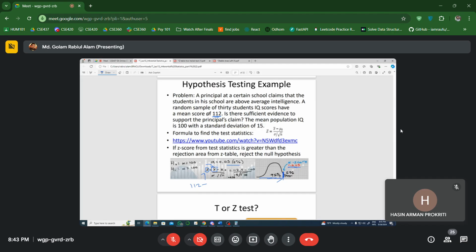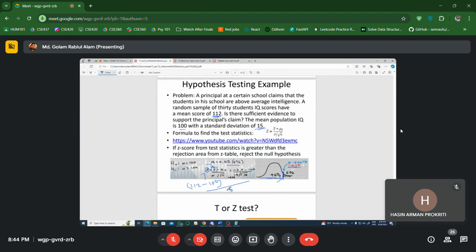In that case, the IQ score, the population mean, is 100. Then we have to divide it by sigma. What is sigma? Sigma is 15.